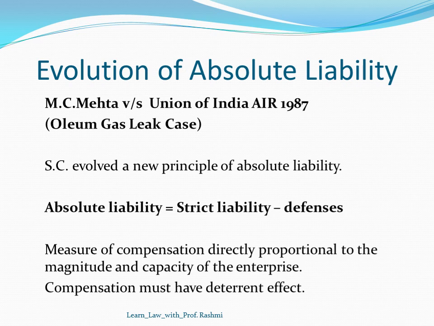Whatever may be the reason for the damage or harm caused, and whatever defenses a person may take, once it is proved that something was stored which was not a natural use of land and it has caused some harm, then the absolute liability principle would make him liable. No defenses would be allowed which are allowed under the strict liability principle. So always remember, absolute liability is strict liability minus the defenses available.